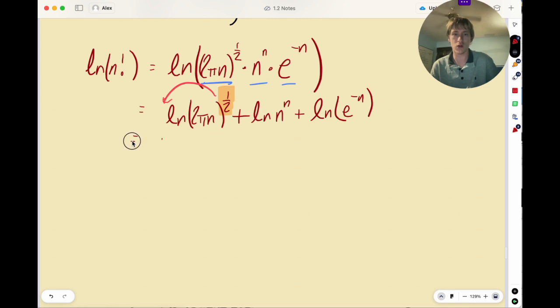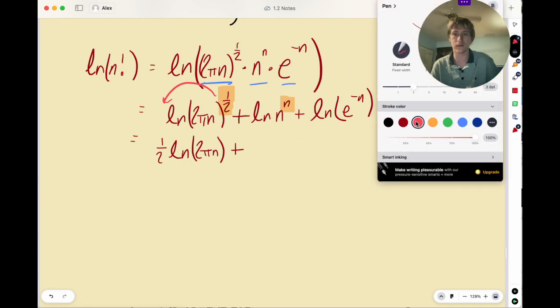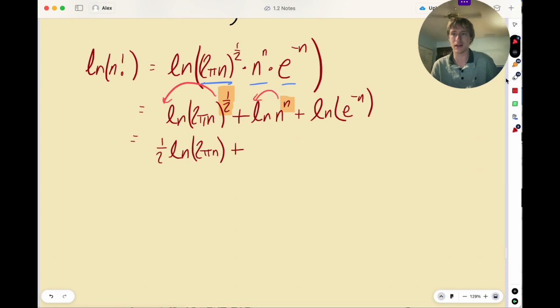So this is going to equal 1/2 times the natural log of 2 pi n, plus, and again I can do the exact same thing with this n right here, I'm going to move that out in front, and the same with this exponent.